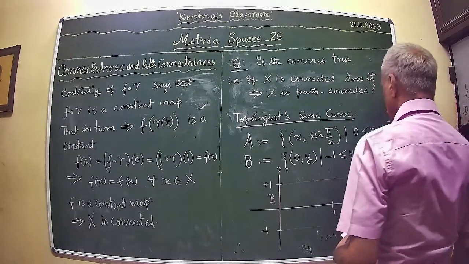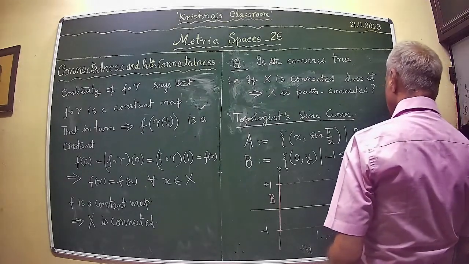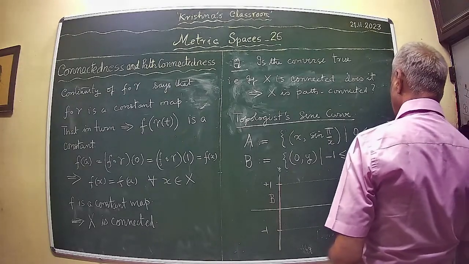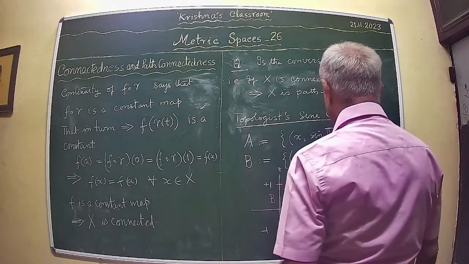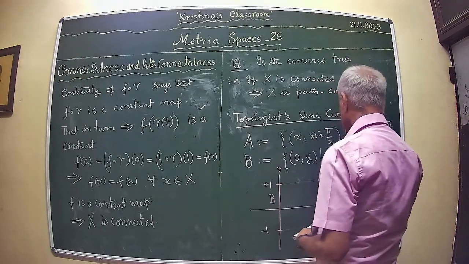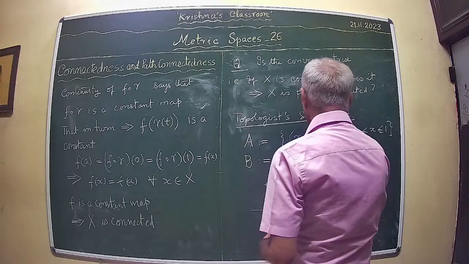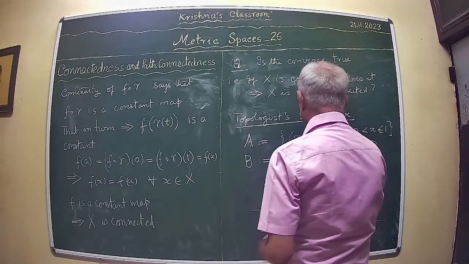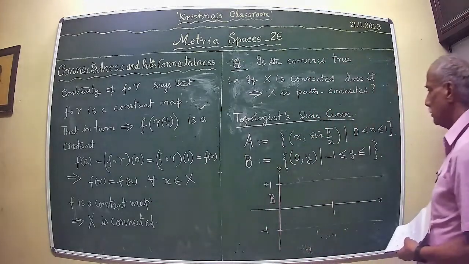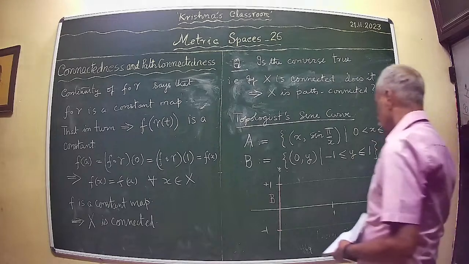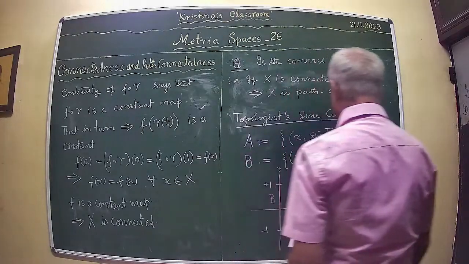At x equal to 1 by 2, it is going to be sin 2 pi, which is 0.